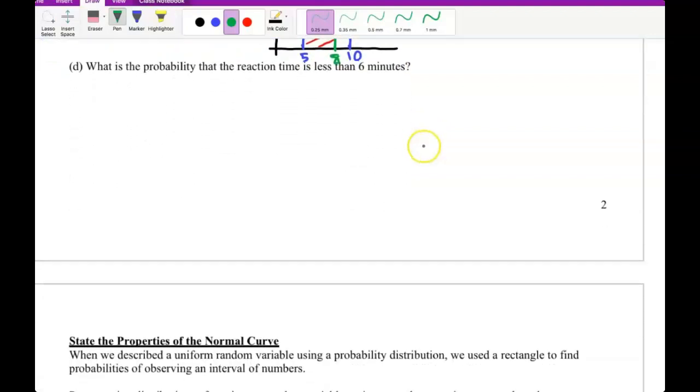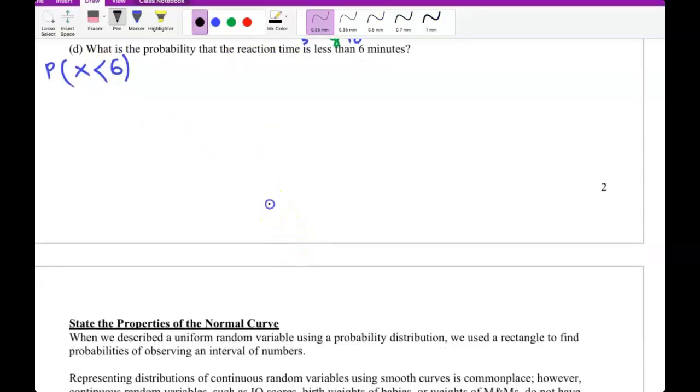Now part D, what is the probability that reaction time is less than 6 minutes? So probability X less than 6. Again, 5, 10, and here 1/5.